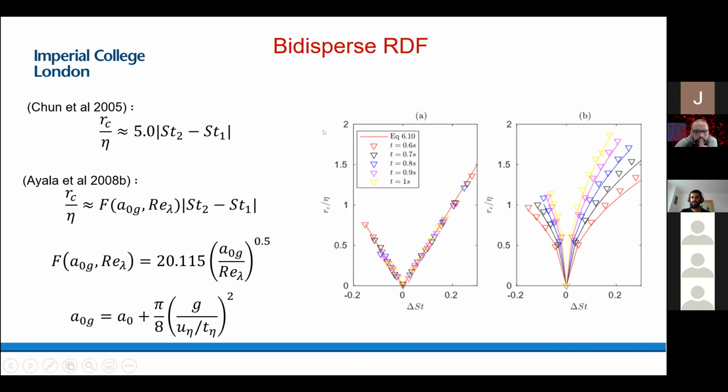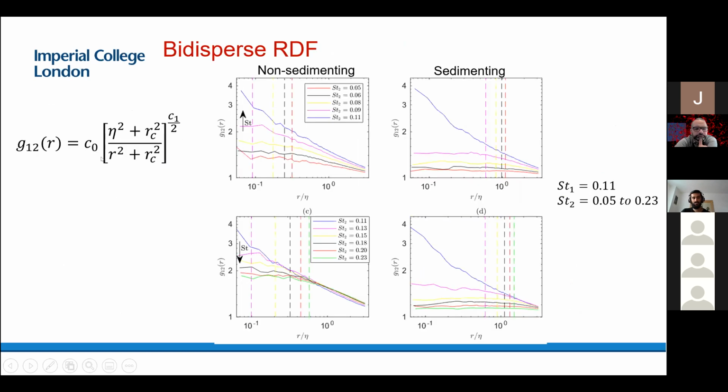One of the good things about this agreement is that because we have a wealth of DNS data at different times for so many particles at so many Stokes numbers, we can develop empirical relations for this RC, along with relations for C0 and C1, which means that we can develop empirical relations for the RDF. That's something I'm doing right now.